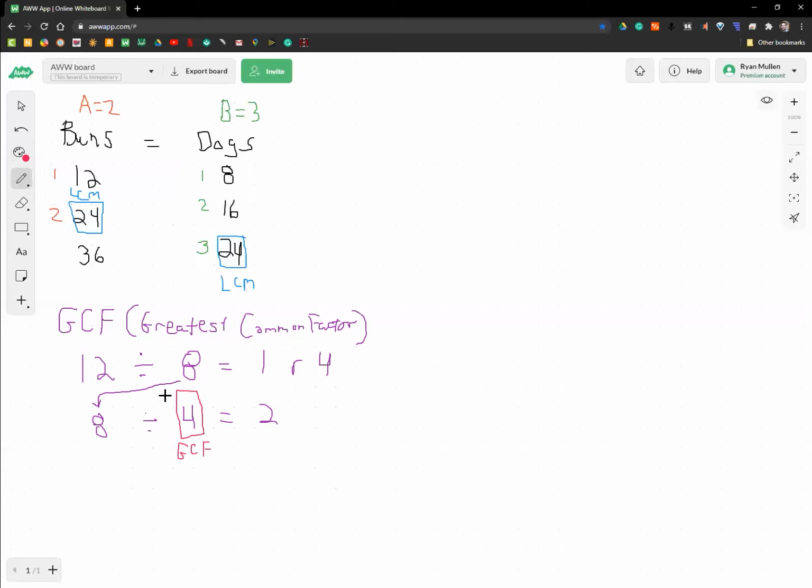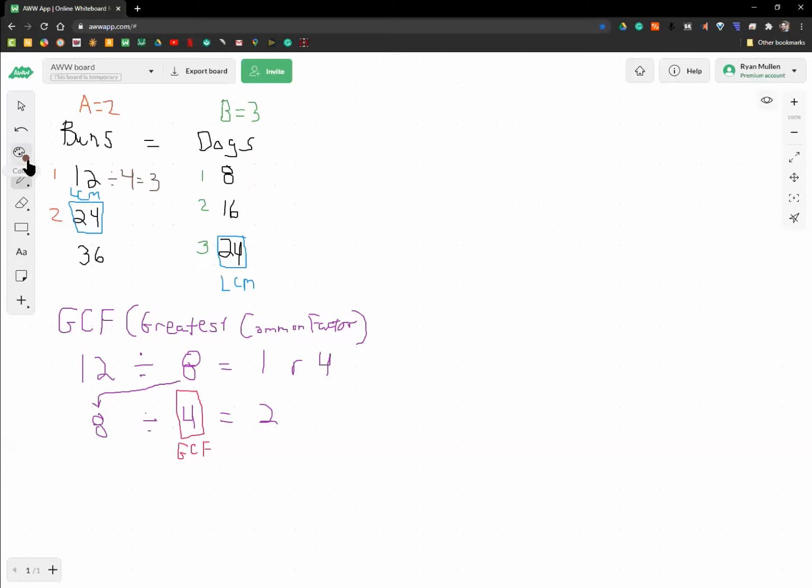If 4 is our greatest common factor, what type of a relationship do we have here? So if I were to take 12 and divide by the GCF, I would get 3. Well, wait a second.